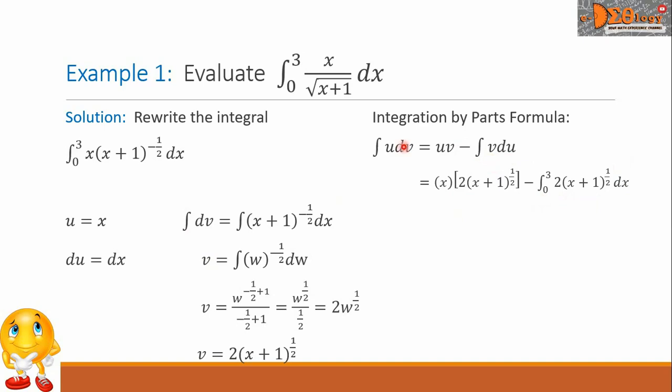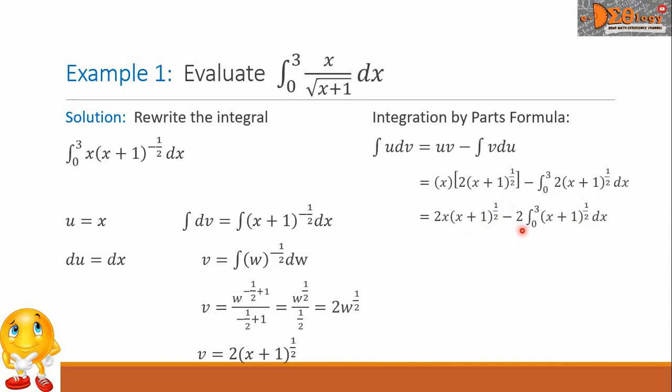Simplifying further, the u and v can be combined together, so we have now 2x times the quantity x plus 1 raised to 1/2, minus. For the integral here, let us move the constant 2 outside the integral sign.